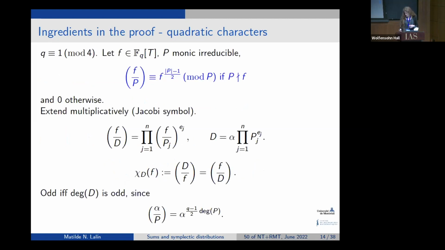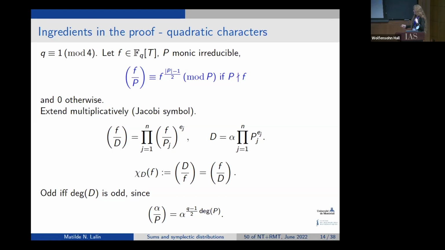And then the character that I'm going to consider, technically, is χ_D. And I just want to mention one thing that is relevant. So this D is a product of primes.